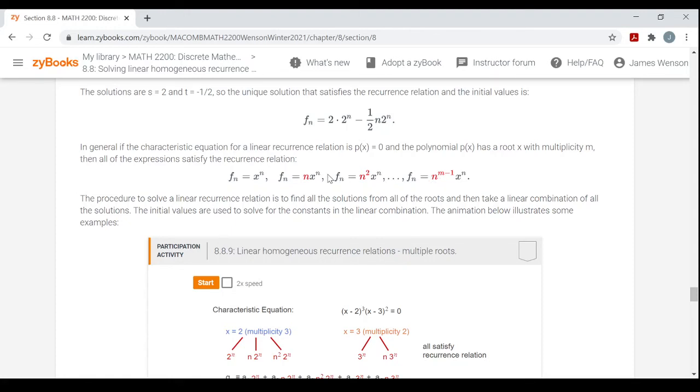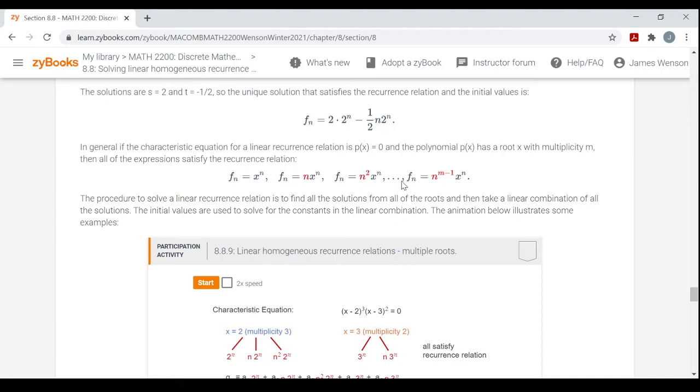In general, if the characteristic equation for a linear recurrence relation is some polynomial equals 0, and the polynomial has a root x with multiplicity m, then all these expressions here satisfy the recurrence relation. x to the nth, then n times x to the nth, and n squared times x to the nth would also work, all the way up to n to the m minus 1 power times x to the nth, right?